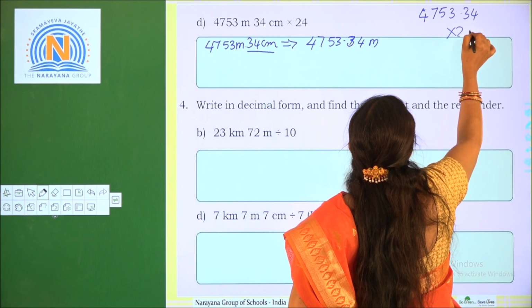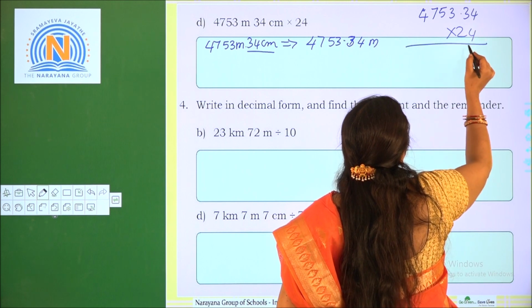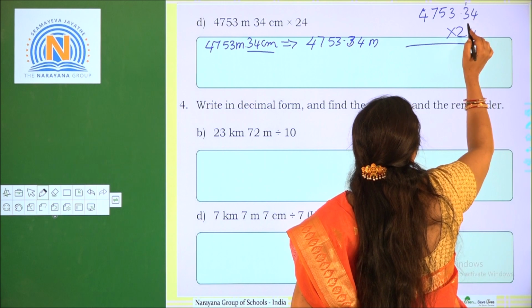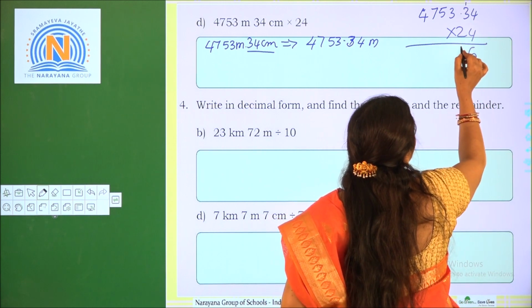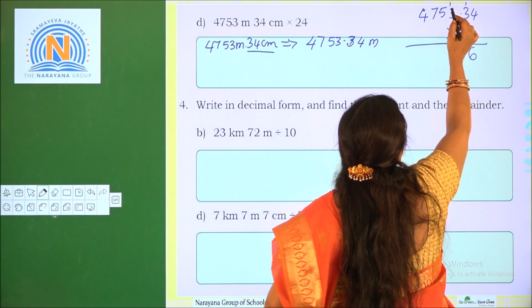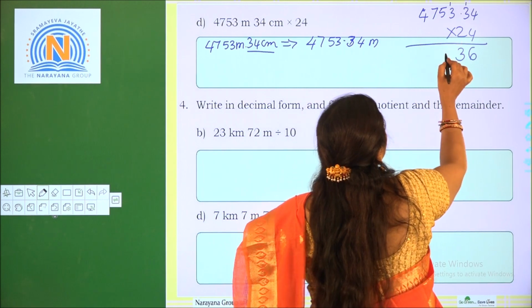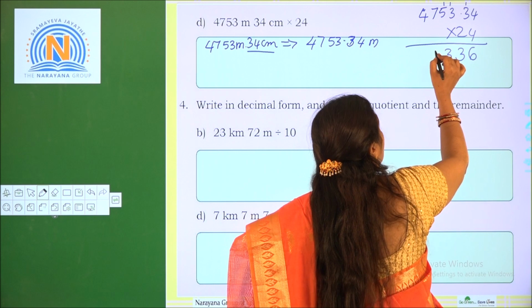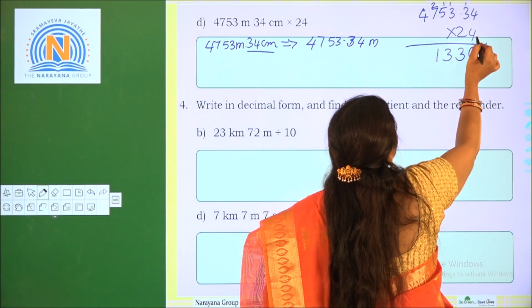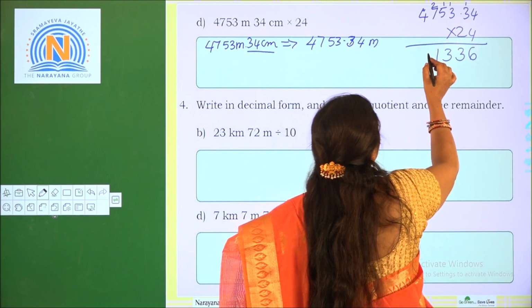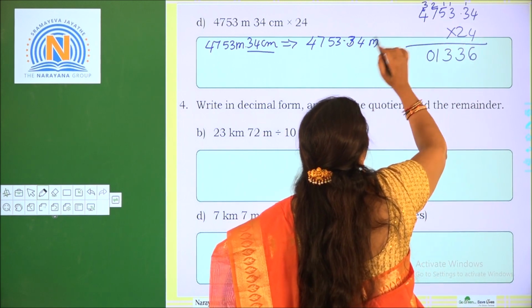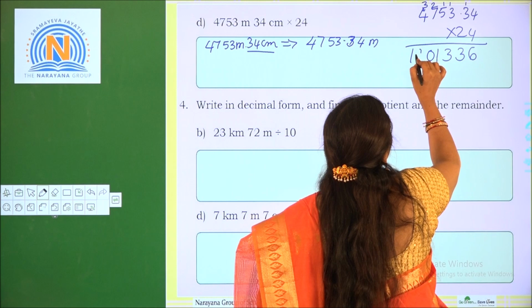4753.34 into 24. Now multiply: 4 4s are 16, 1 regroup. 4 3s are 12 plus 1 is 13, 1. 4 3s are 12, 12 plus 1 is 13, 1. 4 5s are 20 plus 1, 21, 2 regroup it. 4 7s are 28 plus 2 is 30, 0 right here, 3 regroup it. 4 4s are 16 plus 3 is 19.